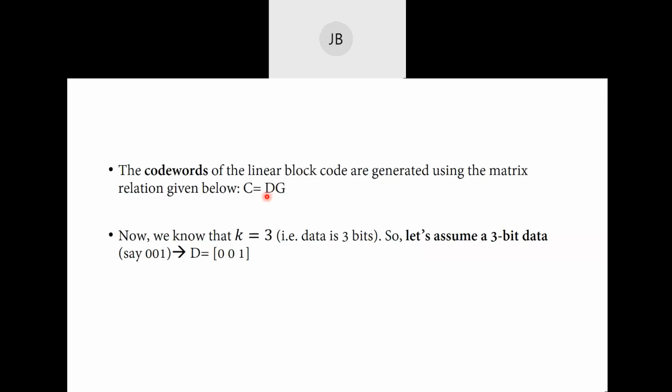We have assumed the data as 001, because we know that the value of k is equal to 3. So if k is equal to 3, then we can have data starting from 000 or 001.